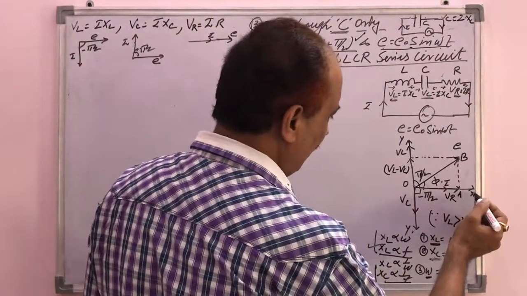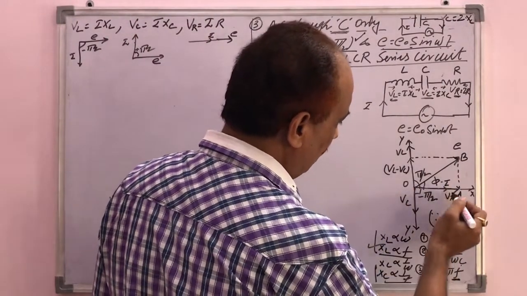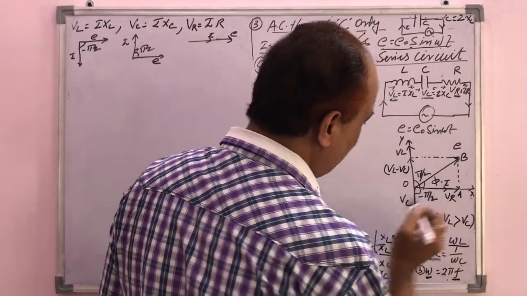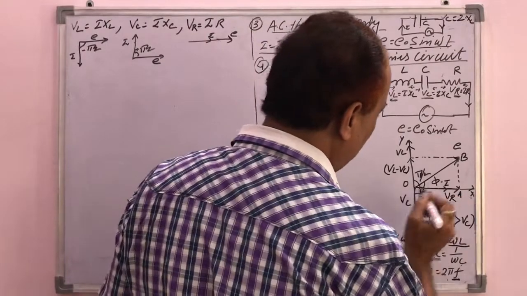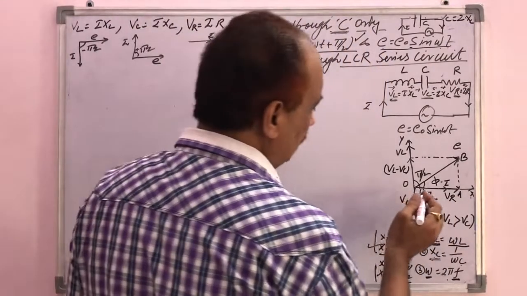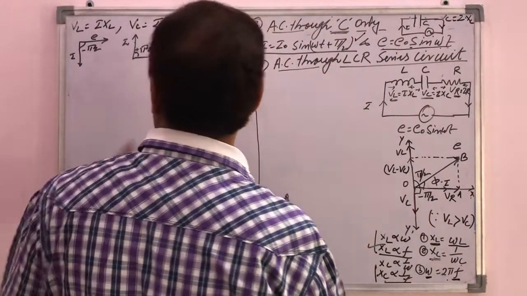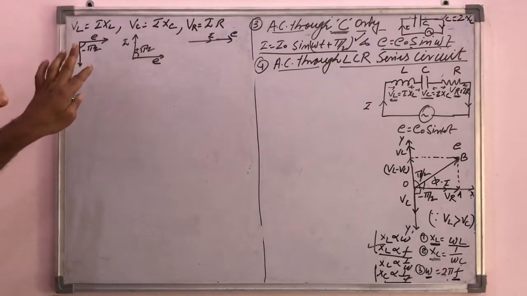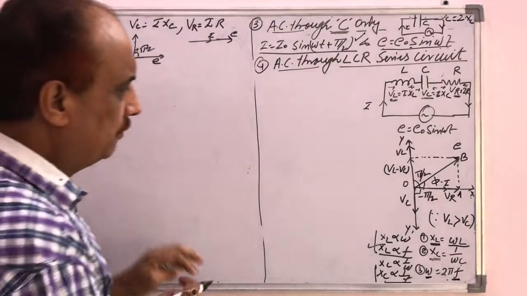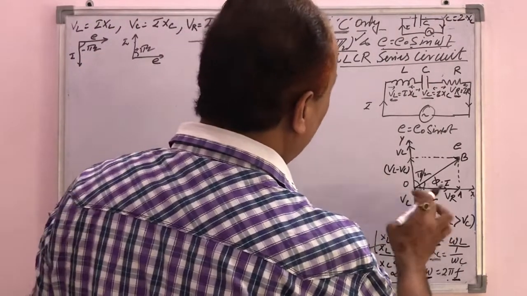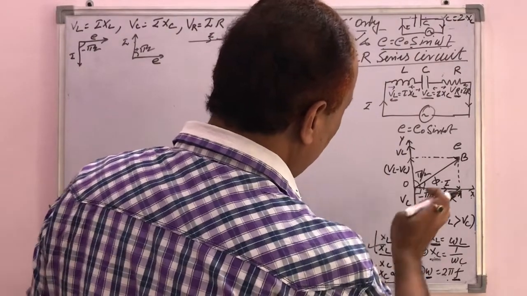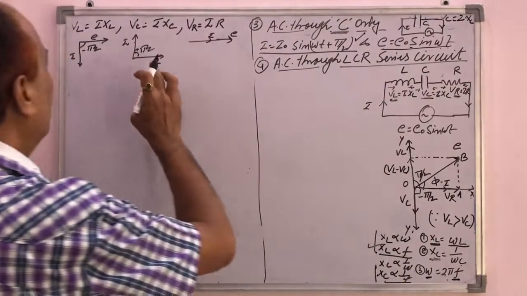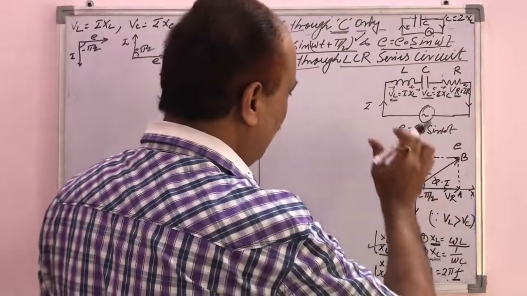So we take the OX axis and O, and we draw VR along the x-axis and current I along the x-axis. Similarly for the inductor, because the angle is minus pi by 2 here, we can represent that value, and similarly in case of the capacitor it is plus pi by 2, so we can draw a phasor diagram here.